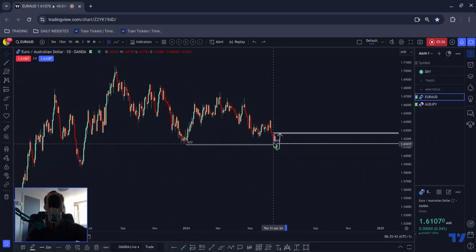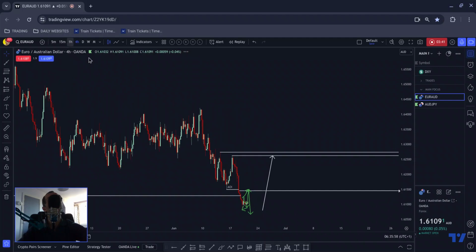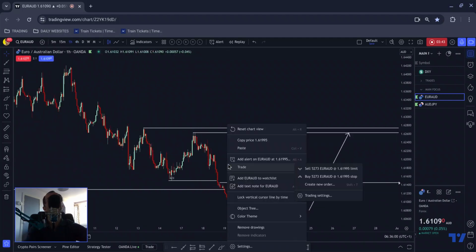We moved the wrong one there. There we go. Does that have enough legs to take it all the way down to there? No, not according to that measurement. Price would need to build more volume, and at this moment in time, I'm not seeing that.